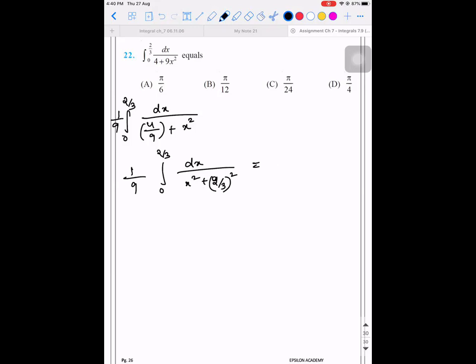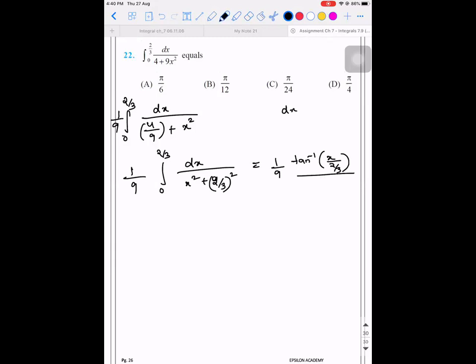Sir, we can do it with the fraction, no sir? Yes, you can. Okay, sir. So 1 by 9 into, you will get the answer as tan inverse of x by 2 by 3. 1 by a, no?